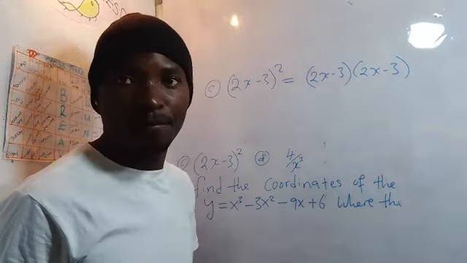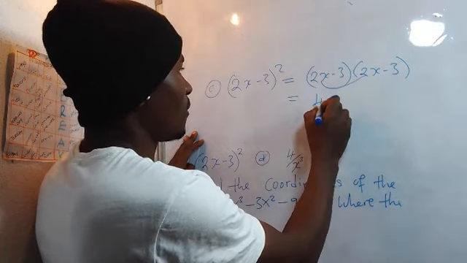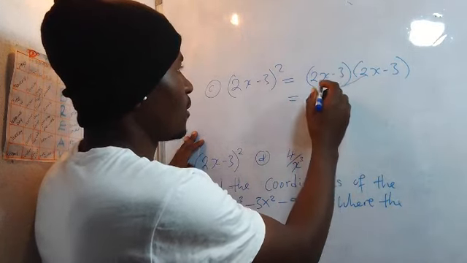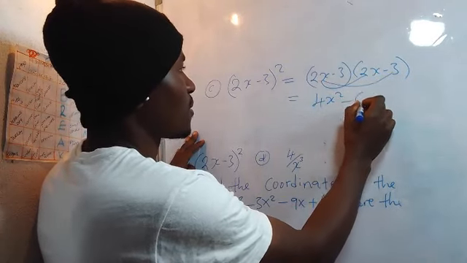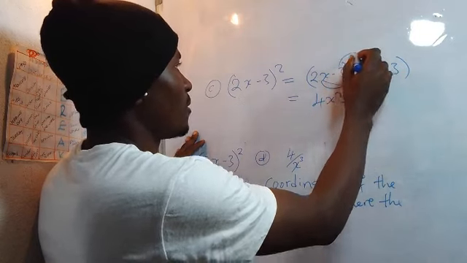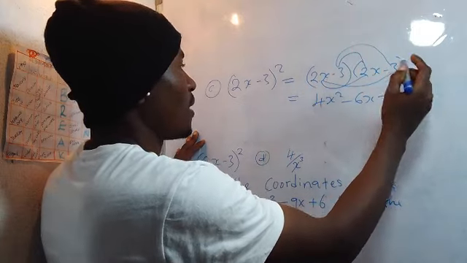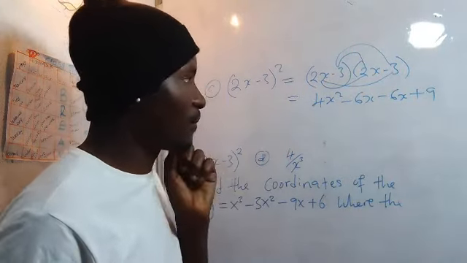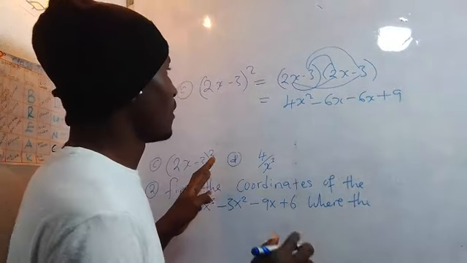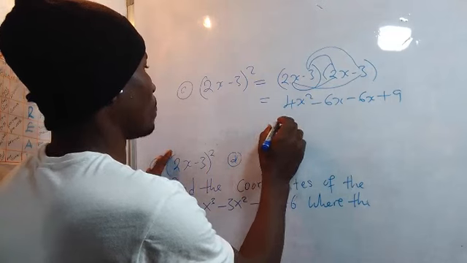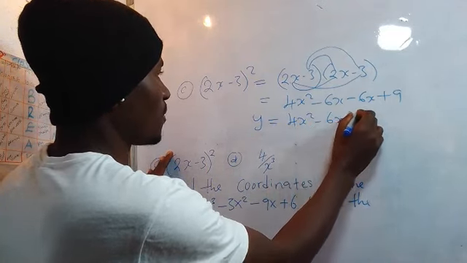Okay. Once you expand now, then you say this times that is 4x squared. Then this times that is going to be minus 6x, and then this times this is going to be minus 6x. Then this times that is going to be minus 9. Okay, so you needed to expand that. Once you expand that, then you can now say y equals to 4x squared minus 6x minus 6x.